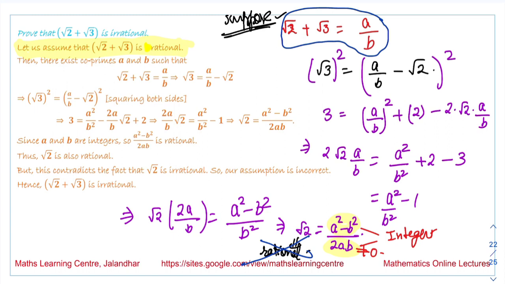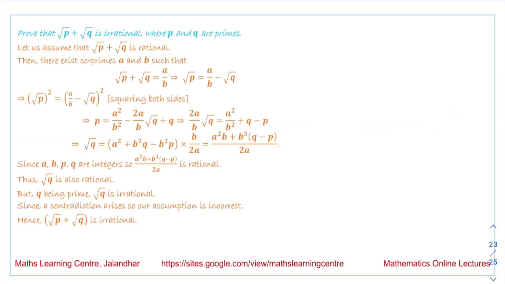Now next we have to prove that square root p plus square root q is irrational, where p and q are prime numbers. So again we suppose that square root p plus square root q is a rational number. Then there exist co-prime numbers a and b such that square root p plus square root q is equal to a by b.